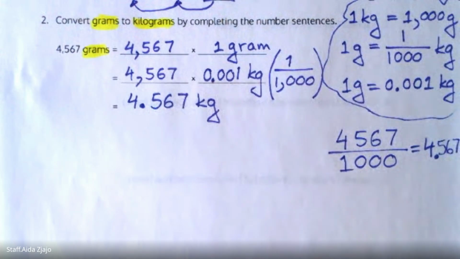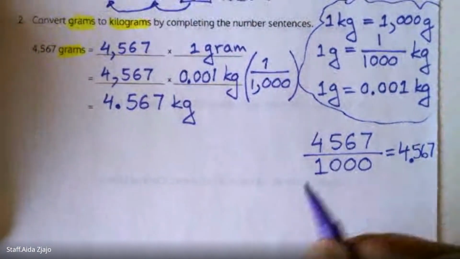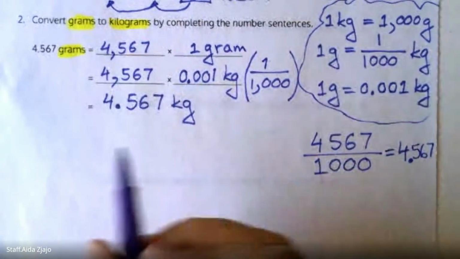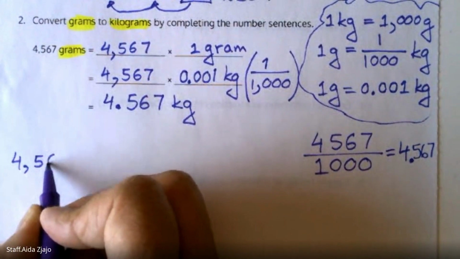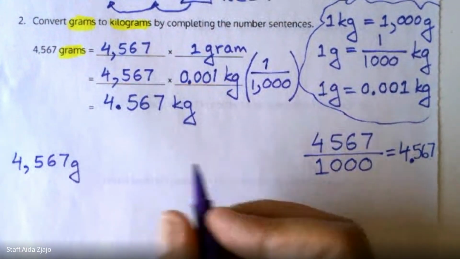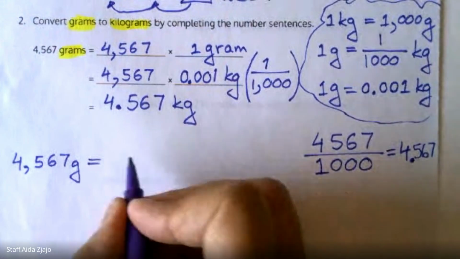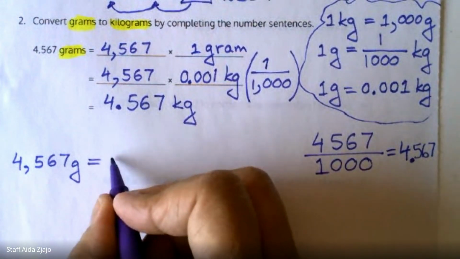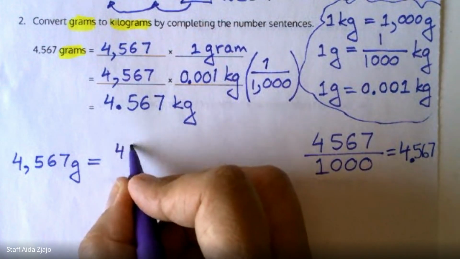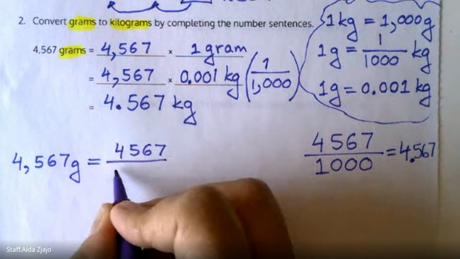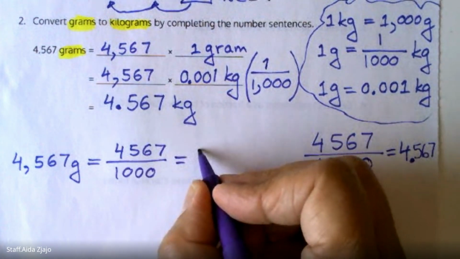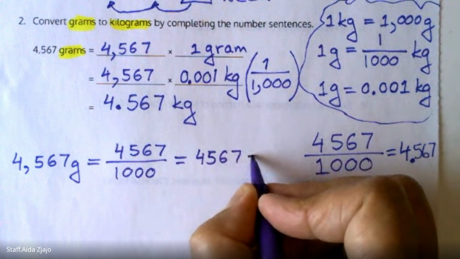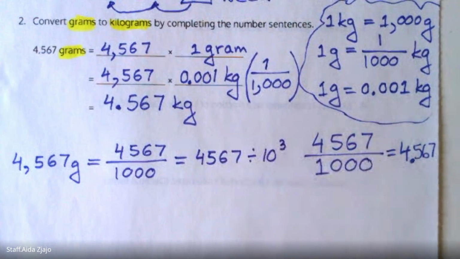Okay. If you are doing this, there is another representation I like to see. 4,567 grams. You need to change into kilograms, so that means you need to divide 4,567 by 1,000, or you can see this as 4,567 divided by 10 to the power of 3.